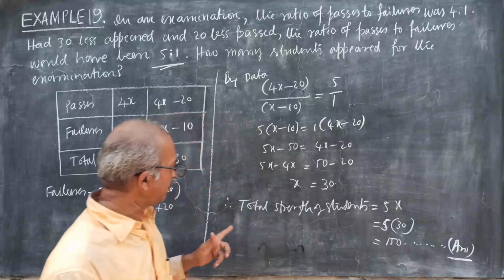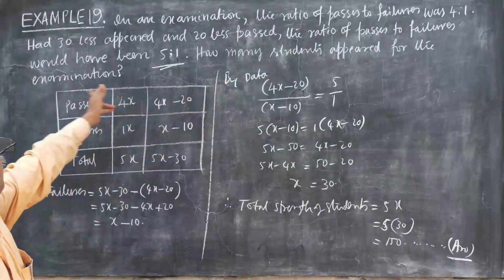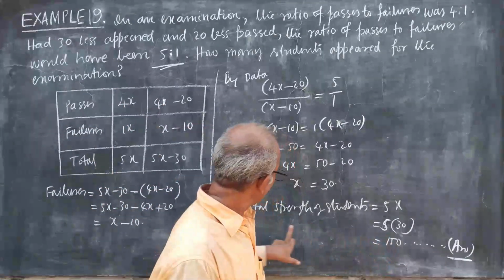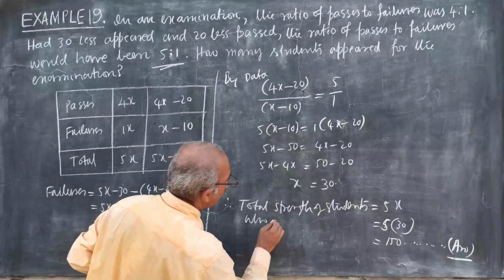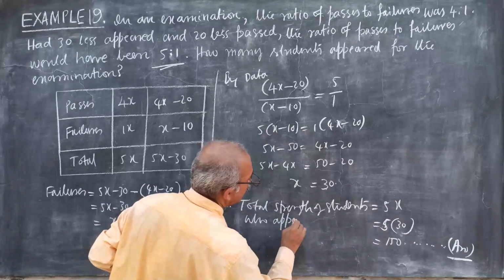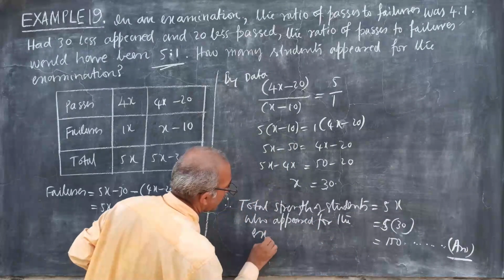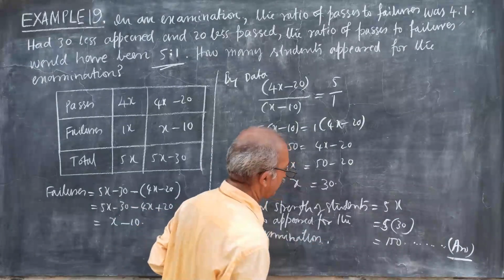So the final answer is the total strength of the students is 150 students. How many students appeared for the examination? So the total strength of the students who appeared for the examination is 150. This is the final answer.